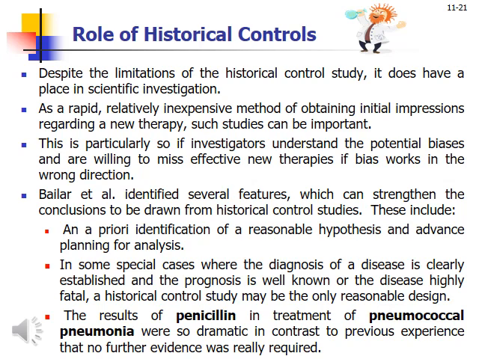In some special cases, where the diagnosis of a disease is clearly established and the prognosis is well known, or the disease is highly fatal, a historical control study may be the only reasonable design. The result of penicillin in treatment of pneumococcal pneumonia were so dramatic in contrast to previous experience that no further evidence was really required.